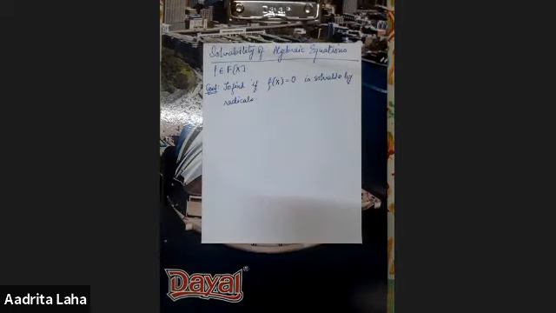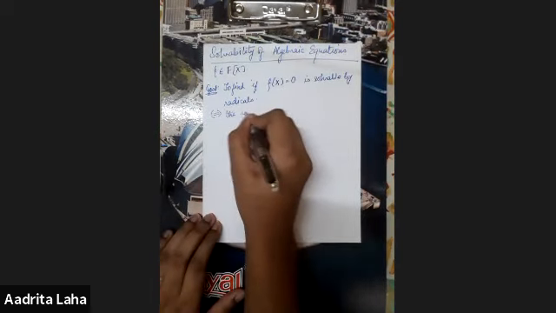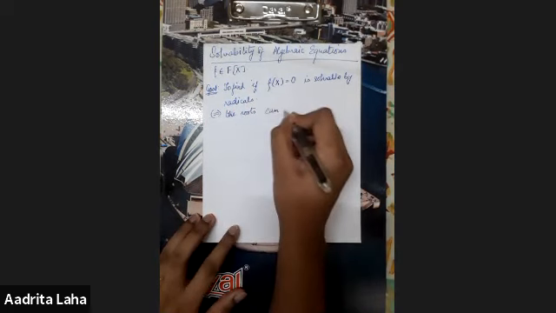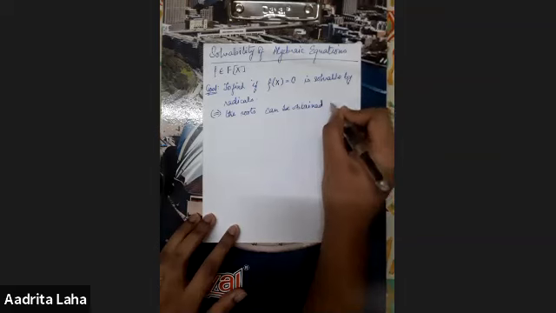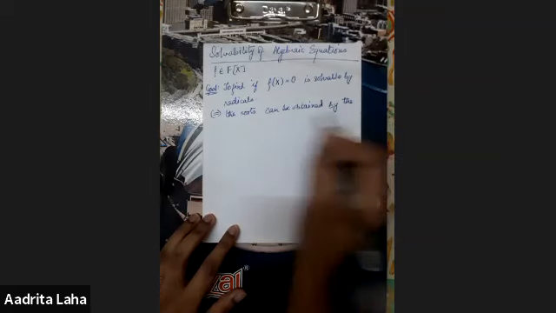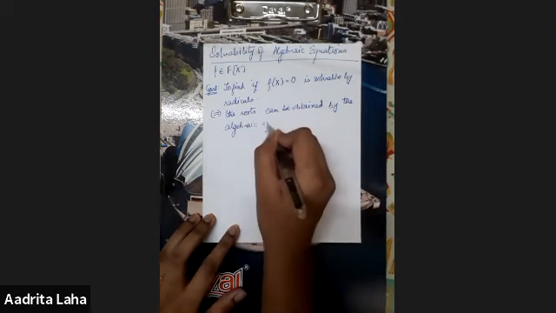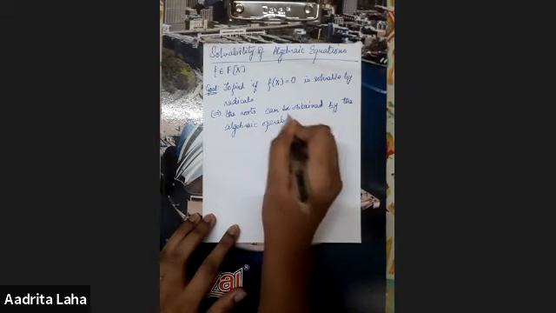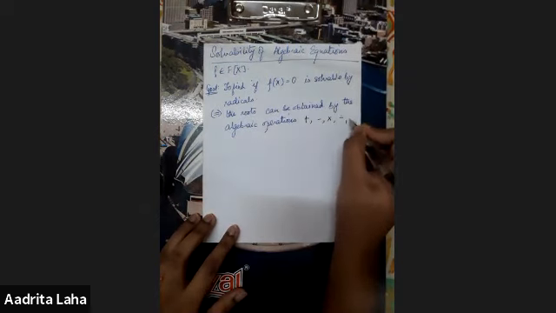As I already said, it is solvable by radicals if the roots can be obtained by the algebraic operations: addition, subtraction, multiplication, division, and taking nth roots.